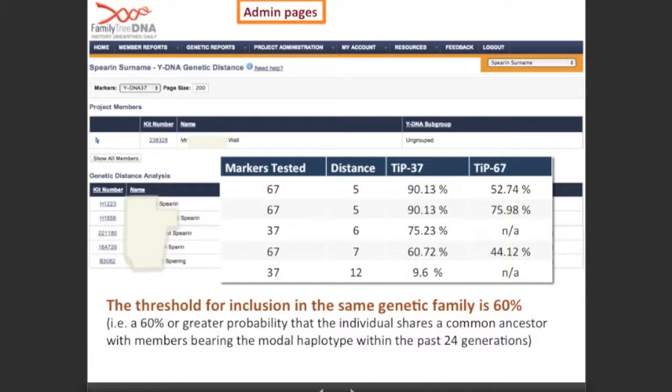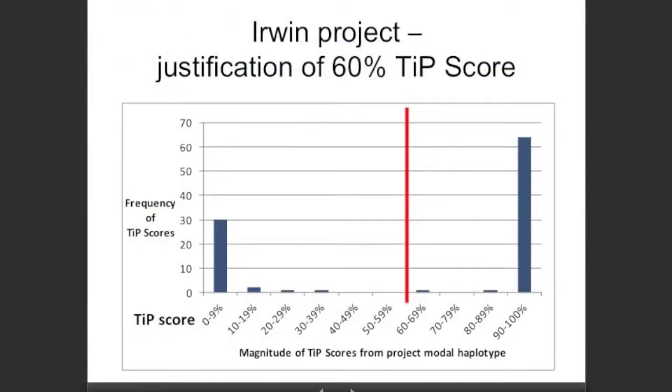It just goes to emphasize that the more markers you test, the more accurate the estimate of the closeness of the relationship. We can't do it for these two because they haven't tested to 67, they've only tested to 37. But on the basis of the tip 67 analysis, only this person would be included in the same genetic family. These two people would be excluded from the same genetic family. So that's the tip tool.